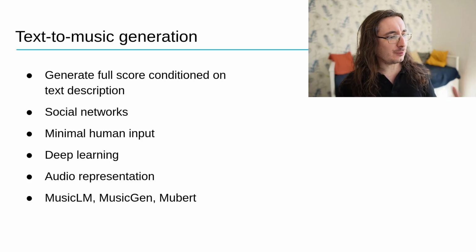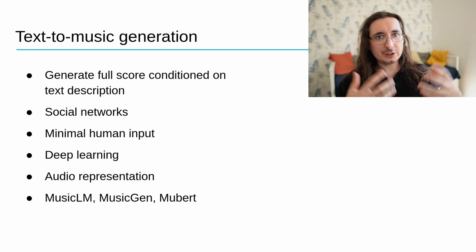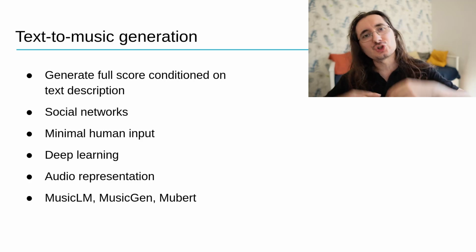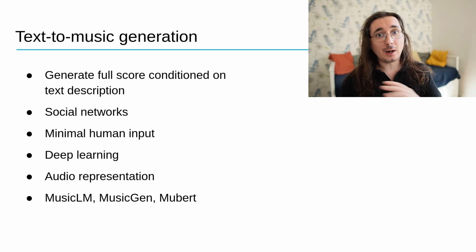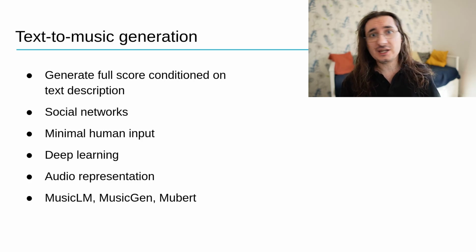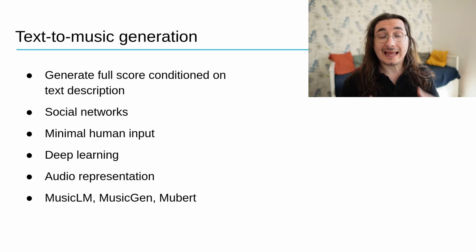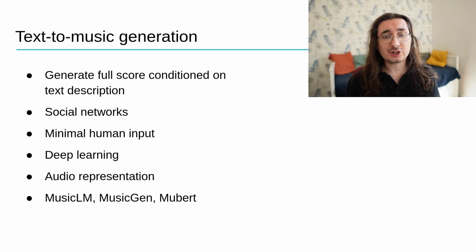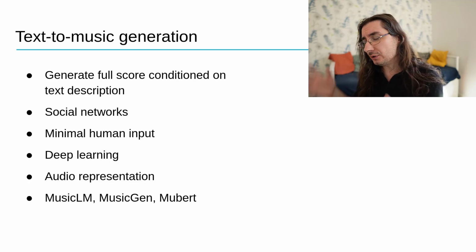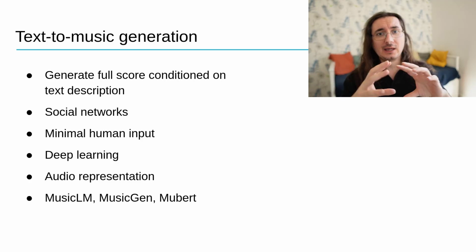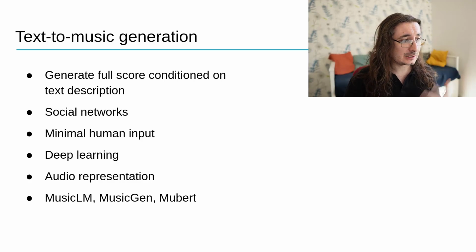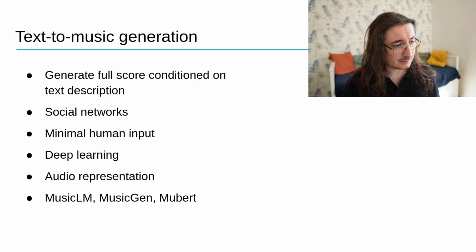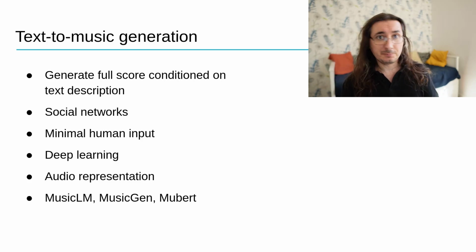These text-to-music generation systems can be used by people on social media who have very little understanding of music. The level of human input in text-to-music generation is quite minimal, because all you need to do really is craft an intelligent prompt, and that's it. In terms of the techniques used for this type of system, all of them are deep learning based.